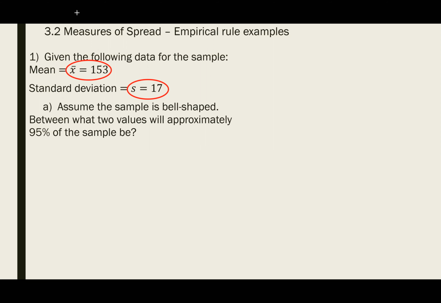So looking at this here, you can see that they are basically very identical, right? They say to assume that the sample is a bell-shaped curve. That's a green light that we need to use the empirical rule. Between what two values is approximately 95% of your data? So let's go back to our empirical rule.